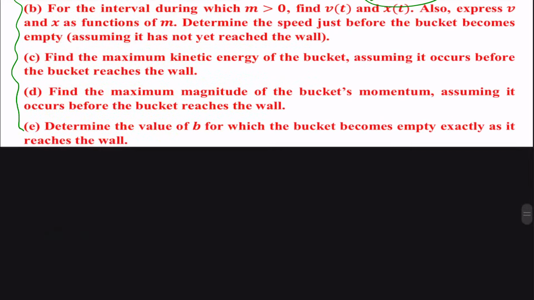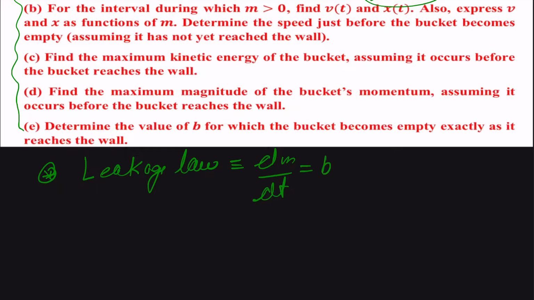So first of all, let us say that our leakage, we can call this a leakage law also, gives us that dm by dt is equal to b times the double derivative of x, that is basically our acceleration.